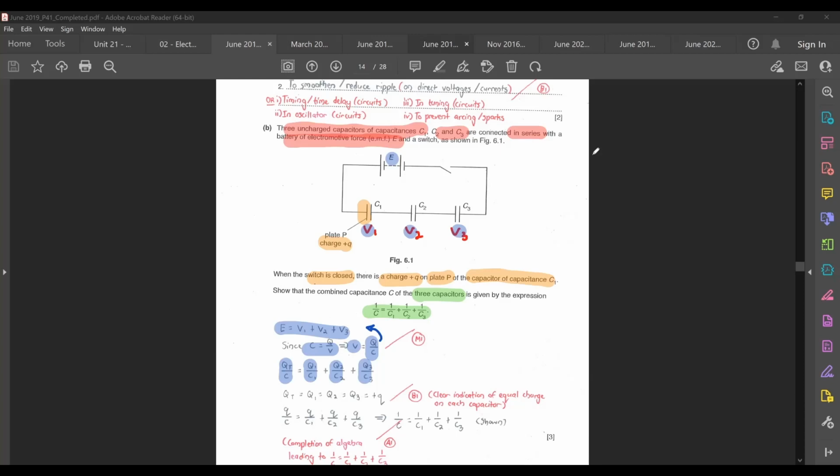And then after that, recall also that if you try to push a charge through your series circuit, it could be that you have a charge of positive Q coming in like this.